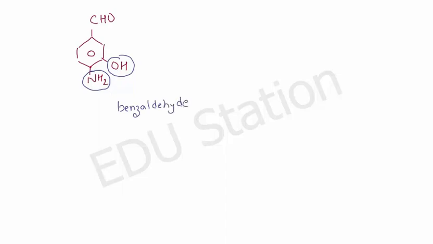Now, the carbon to which the CHO group is attached will be numbered 1 because CHO is most preferred. Now you can move clockwise or anti-clockwise, giving the other groups the lowest number. So if I go in clockwise direction, it will be 2, 3, 4. We'll use the same logic, putting them in alphabetic order.